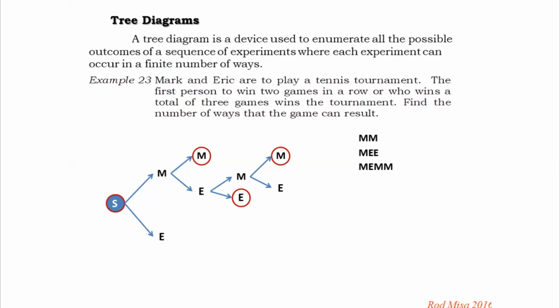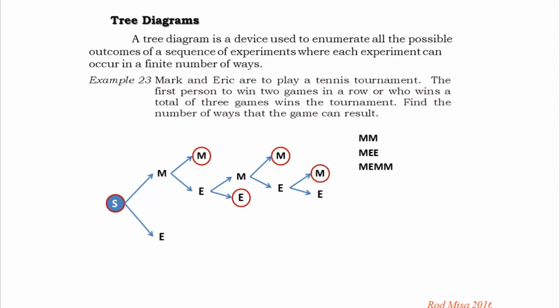But suppose Eric wins the fourth game, then we need to play the fifth game here. But the fifth game will have 2 possible outcomes. It could be Mark who will win the fifth game or Eric. Now suppose it is Mark who will win the fifth game.